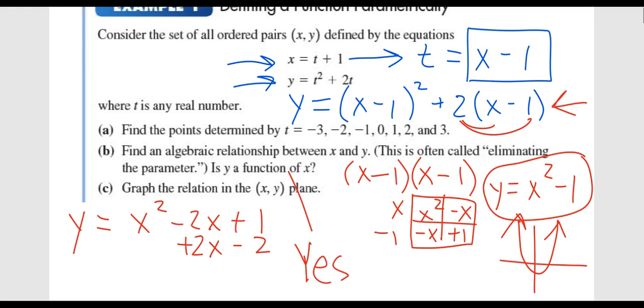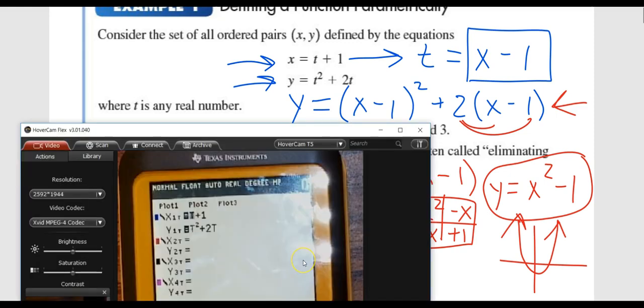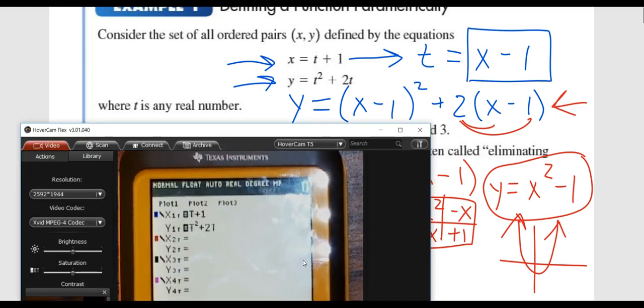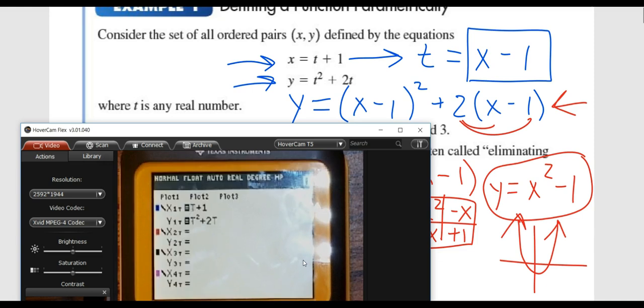Now, we need to graph. We're in parametric mode, aren't we? Now, in parametric mode, go to the window. The window has some extra stuff in it that you've never seen before.